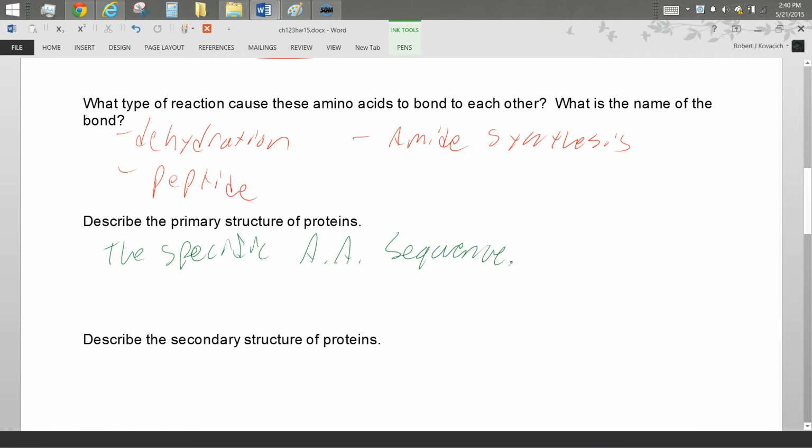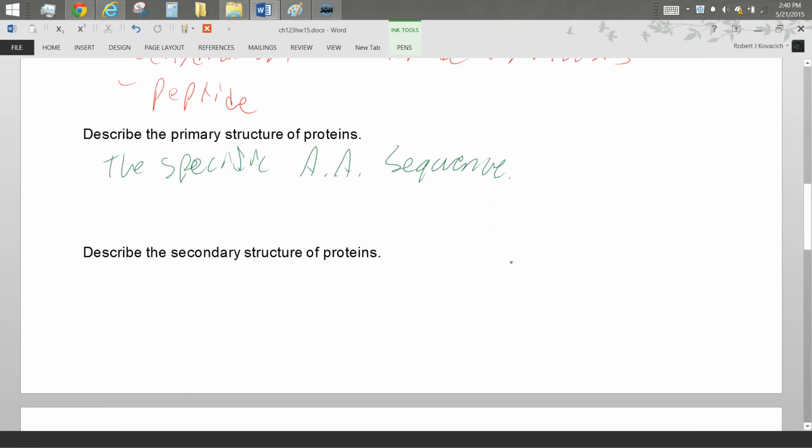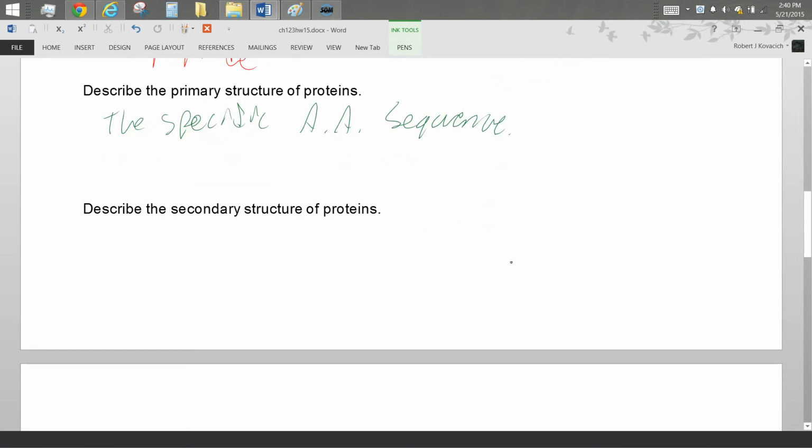Yeah, specific amino acid sequence. And the secondary structure? The repeating stable bonds, or the repeating uniform shape of the backbone.